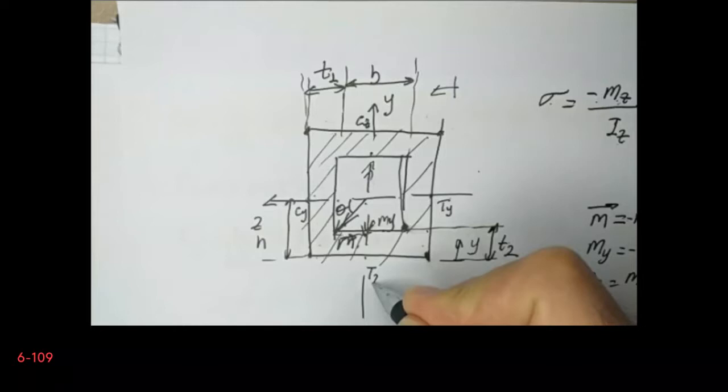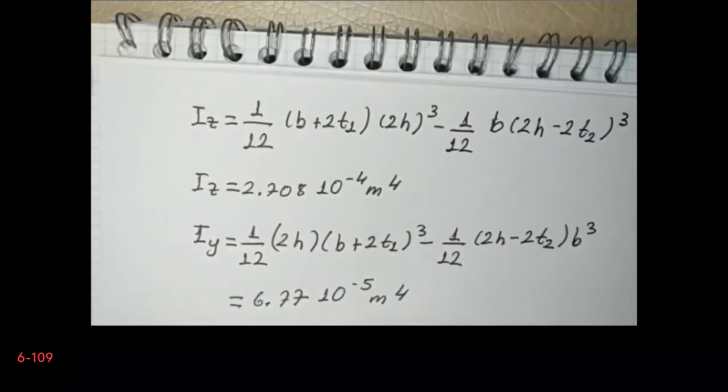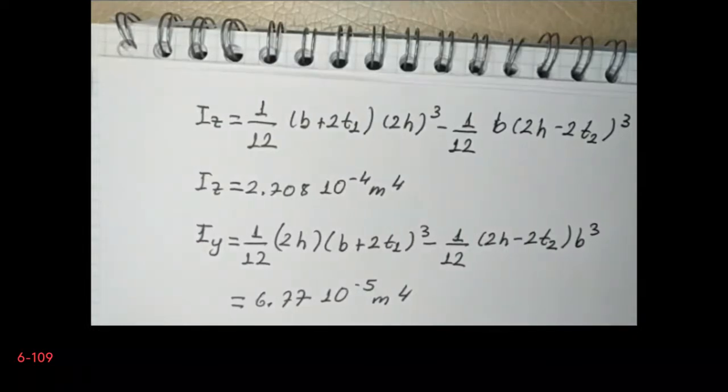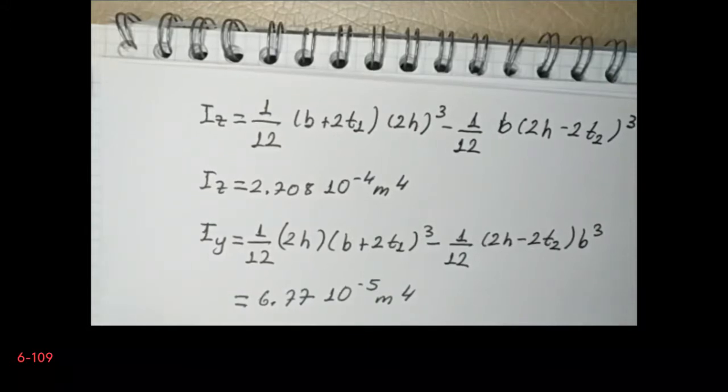So we see that sigma max is equal to the absolute value of minus My multiplied by y divided by, this is Mz, Iz plus My multiplied by y multiplied by z divided by Iy, and the absolute value of it.